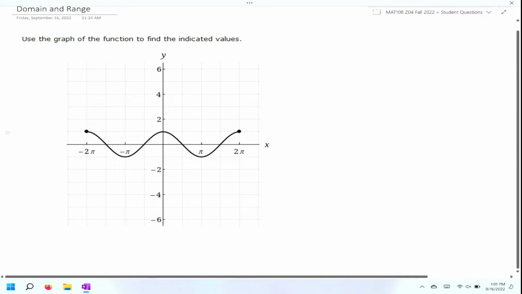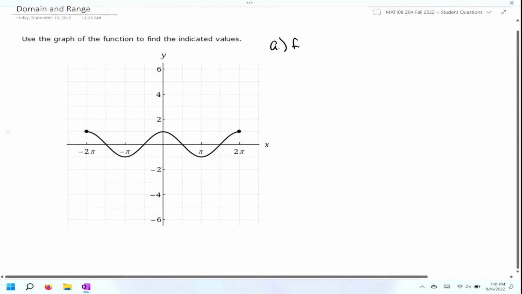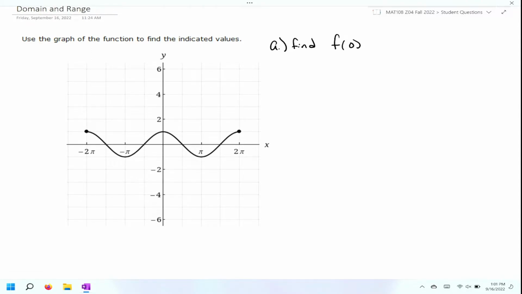All right, I'm back, and I erased everything. So, part A says find f of 0. When we see f of 0, remember, that number right here is our x value. That's our domain. So what we want to know is, when x equals 0, what is f of x equal to?